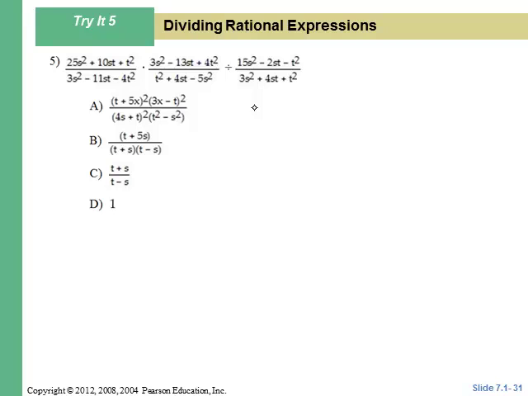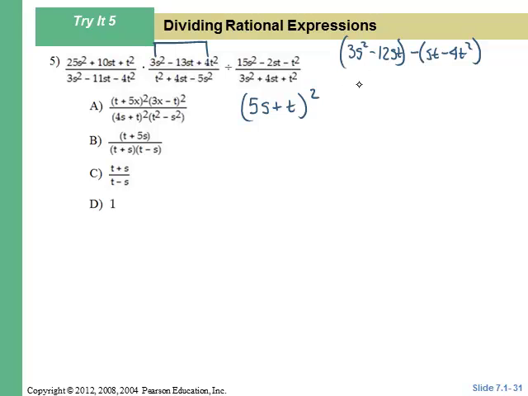Okay. First one factors into 5s plus t squared. What two numbers multiplied equal 12, added equal negative 13. So that factors into 3s squared minus 12st minus parentheses st minus 4t squared.